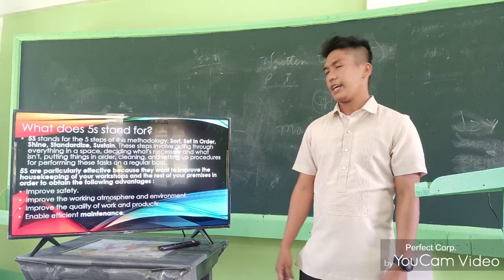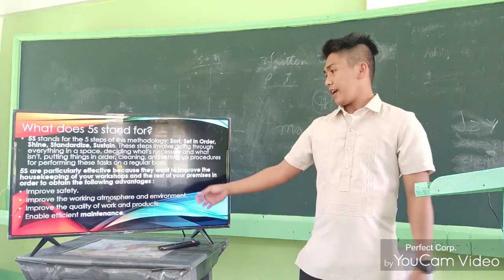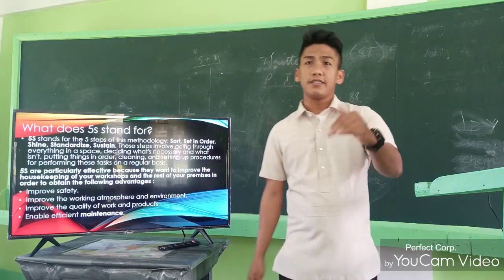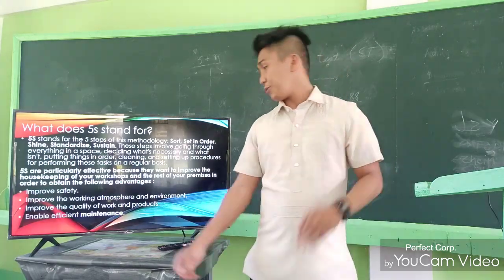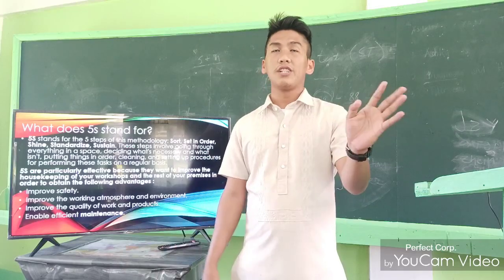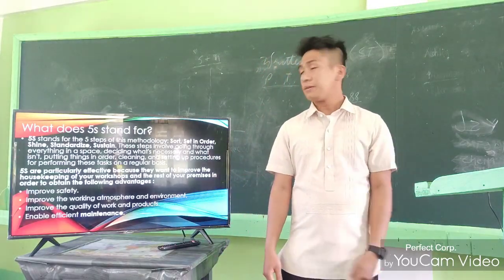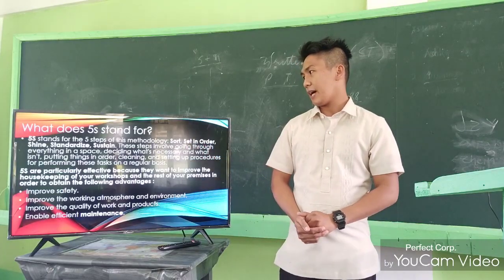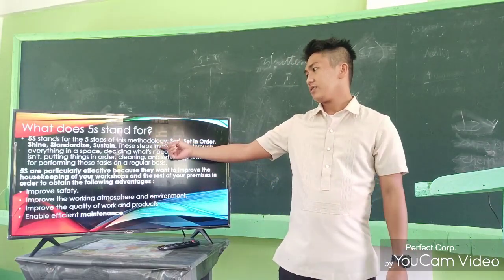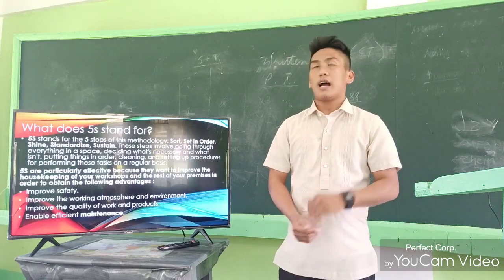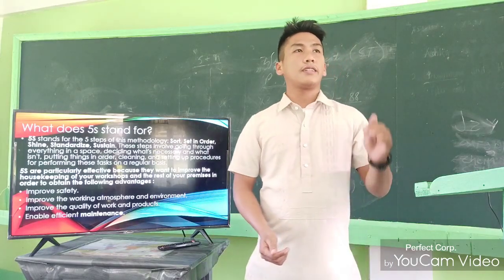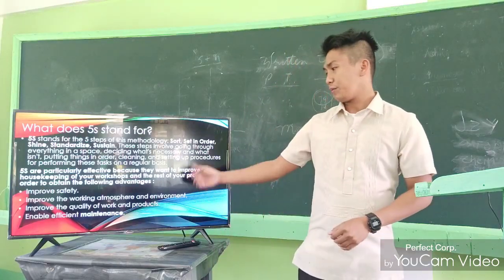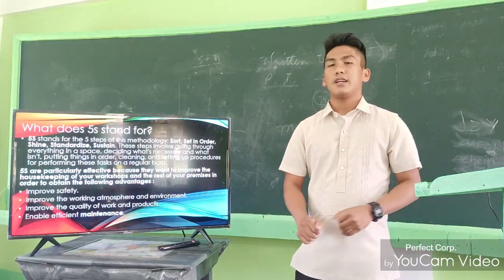Improve the quality of work and products. And lastly, enable efficient maintenance. So in 5S there is also maintenance, and it will be found in the fifth S in our topic, sustain: to sustain the ability, the capability, and the availability of your workplace. To maintain, sustain. Okay.